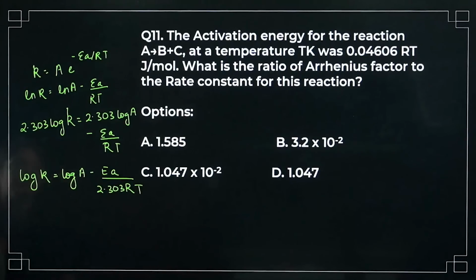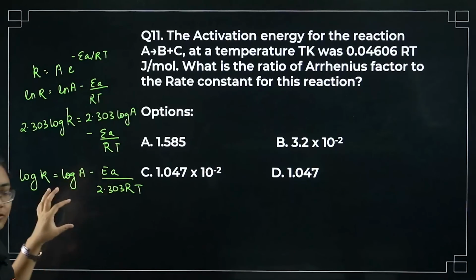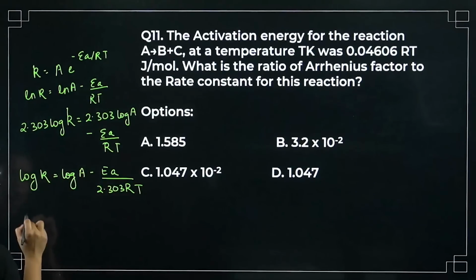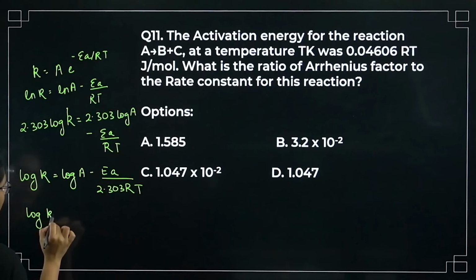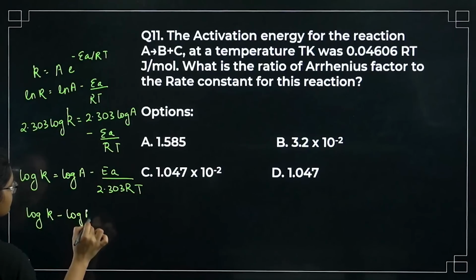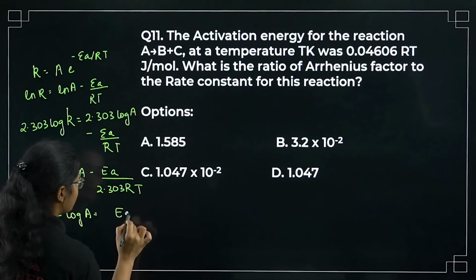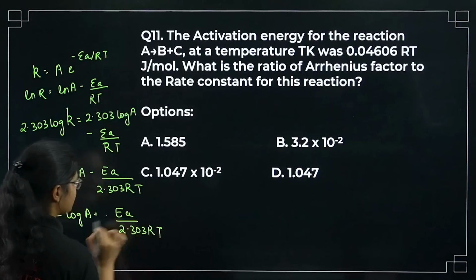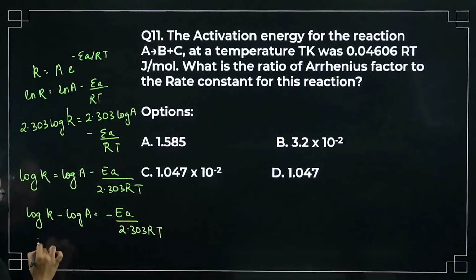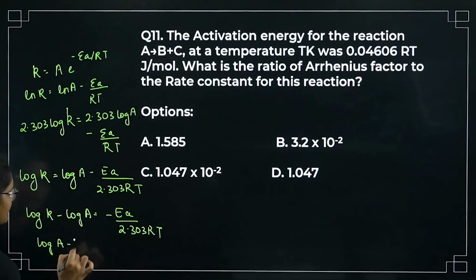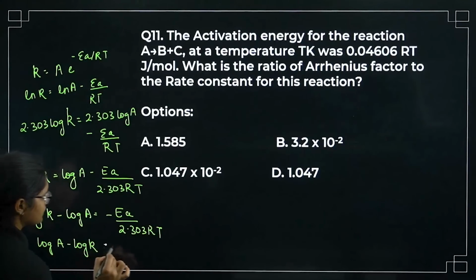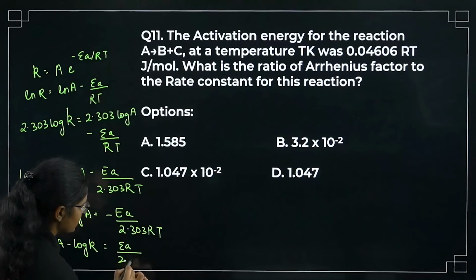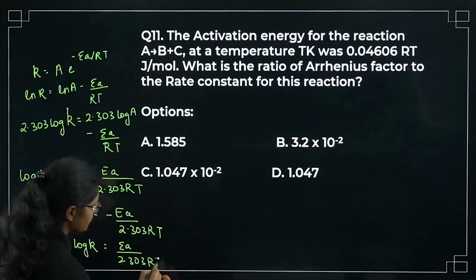What I have done is divided by 2.303 throughout the equation. Then I can take this log K to this side. Log K minus log A will be equal to minus EA by 2.303 RT. Right, this minus is there, multiply by minus on both sides. So I'll get log A minus log K is equal to EA by 2.303 RT.